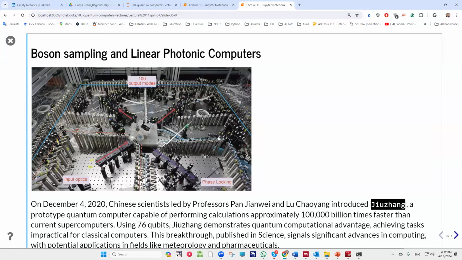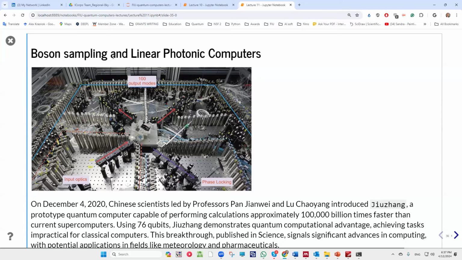The important fact about this system is that it is completely linear. So it uses only single qubit gates. And the purpose of a system like this is to do an operation which is called boson sampling.